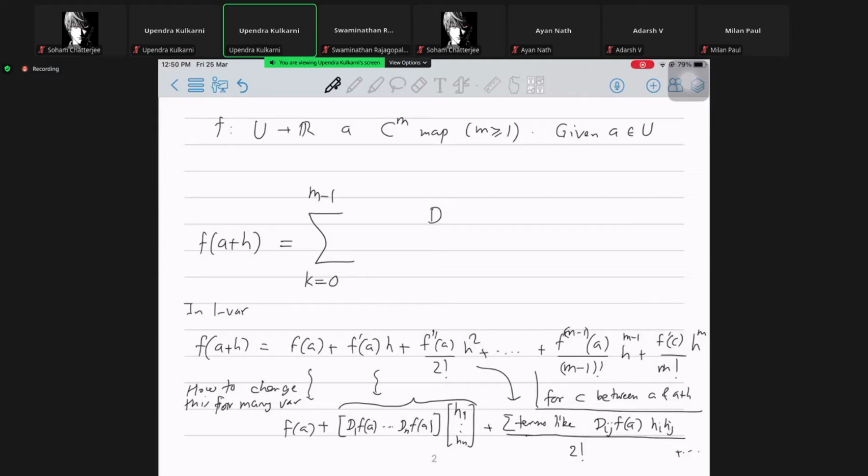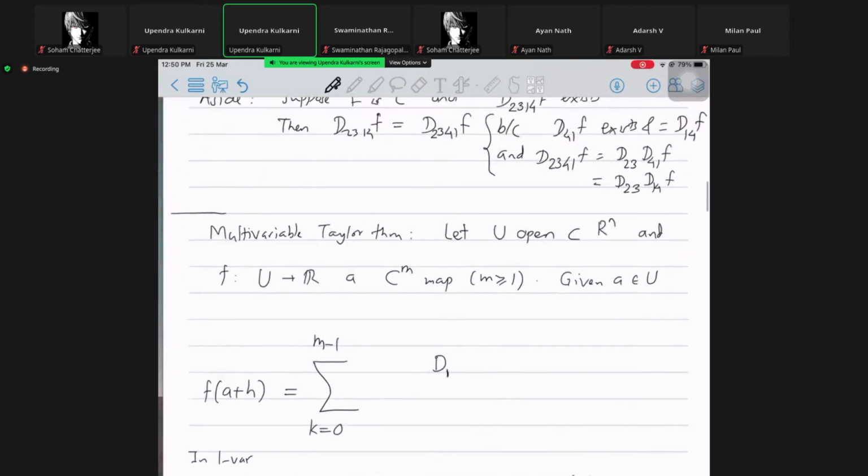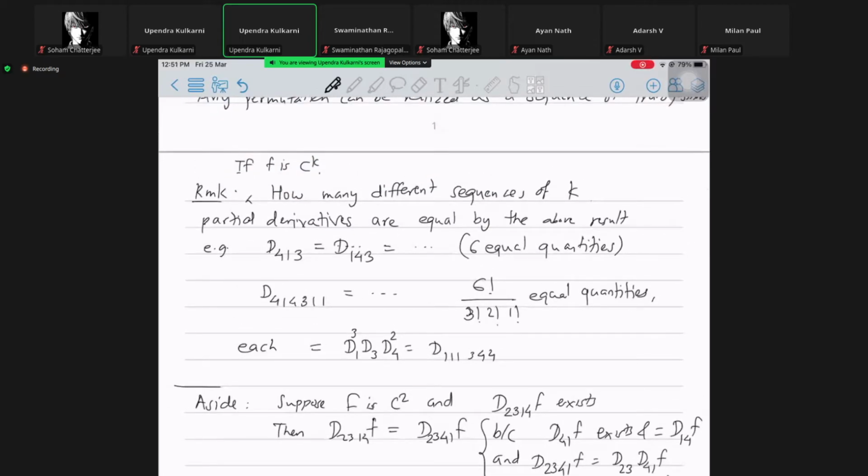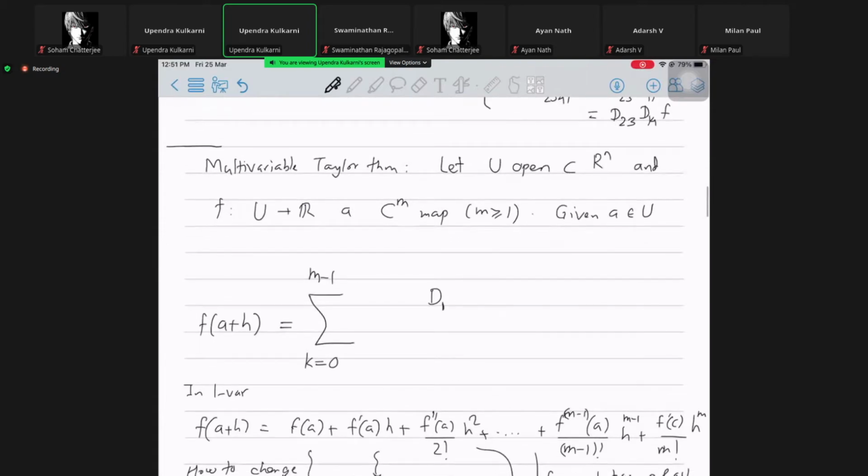So you see, in the kth term, I'm taking k partial derivatives. So it is going to be really things of the type d_i1 d_i2 up to d_ik. But my count tells me that when I take d_i1 up to d_ik, it is better to group it by how many times 1 comes, how many times 2 comes, and so on and so forth, right? So let us group it like that.